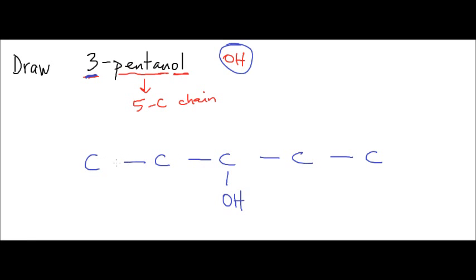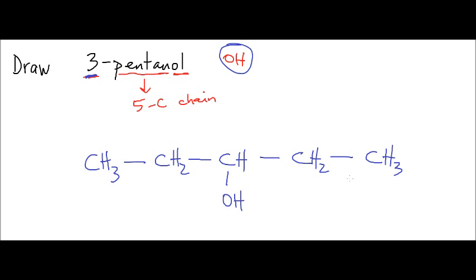Now with this carbon single bond, so we can fit 3 H's here. I've got 2 bonds around this carbon, so I can only fit 2 of them. This carbon here, I've got 3 bonds to it, so I've only got room for 1 hydrogen. This next carbon, the number 4 carbon, has 2 bonds to it, so I have room for 2 more hydrogens. And this last carbon here has 3 hydrogens.